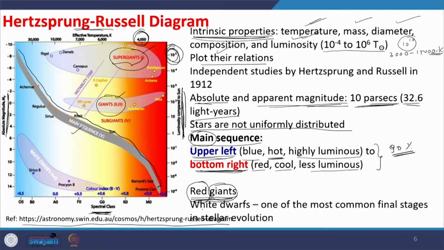And then we have white dwarfs. White dwarfs are blue and hot, but low luminous. What are white dwarfs? Their temperature is also very high, and they are low luminous.